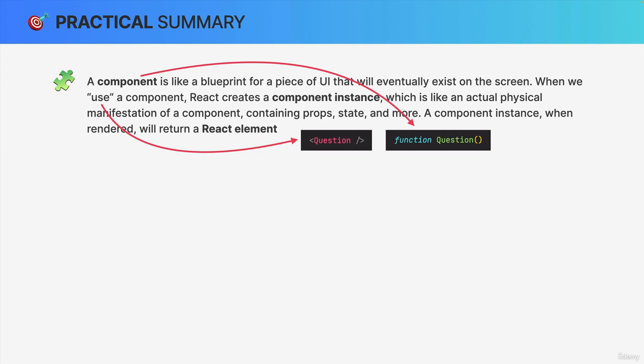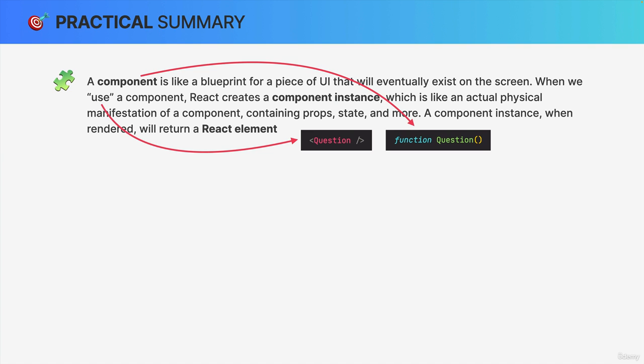So following the analogy of the blueprint, the component is like a blueprint for a house, and the component instances are like the actual houses that have been built from that blueprint. Finally, a component instance, when rendered, will return a React element.